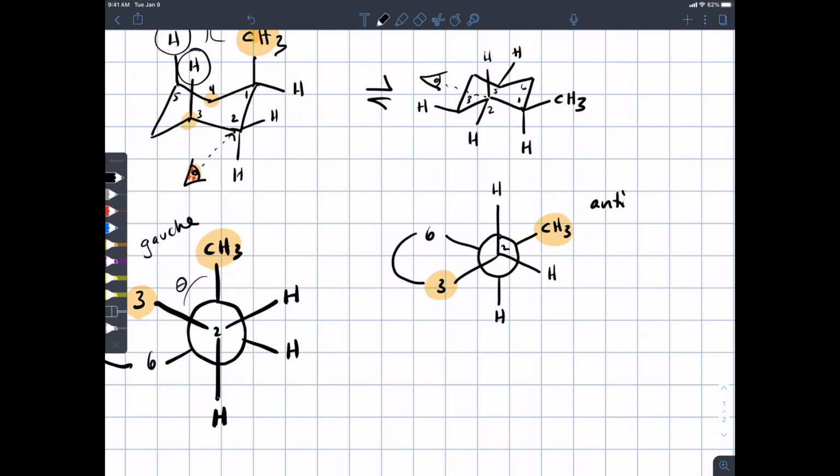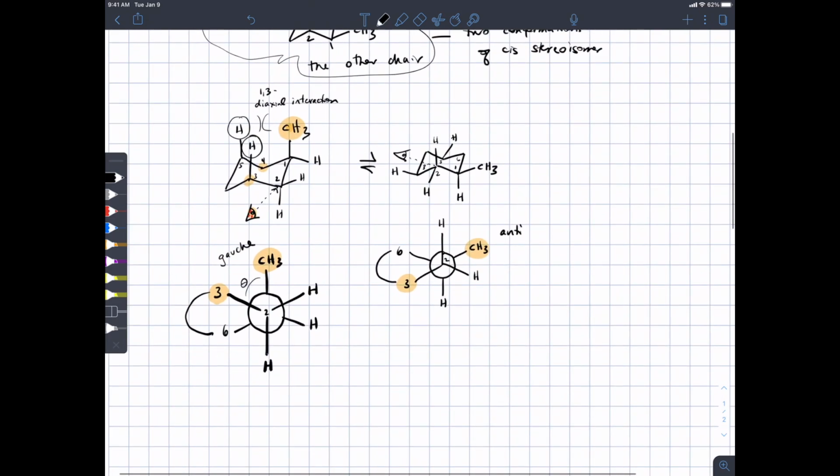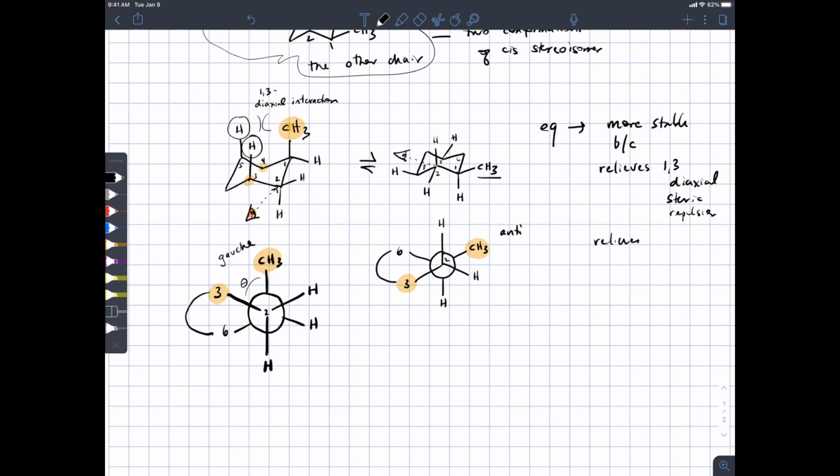So it turns out that having a substituent equatorial is more stable because it relieves 1,3 diaxial interactions, diaxial steric repulsion, and it also relieves torsional strain, by which we mean gauche in the less stable conformer turning to anti in the more stable conformation.